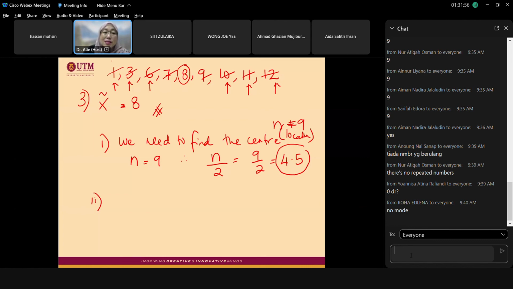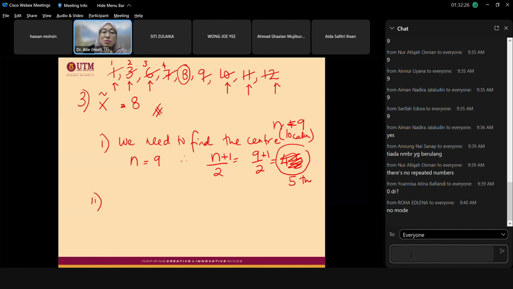This is the first position, second position, third position, 4. But the problem is when I say 4.5, sorry, I used the wrong formula. It should be n plus 1. So 9 plus 1 will be 10, divided by 2, so it is in the fifth position.